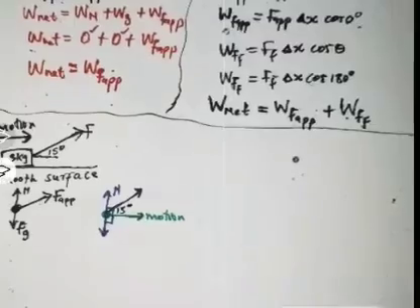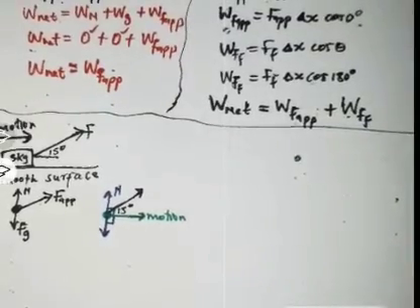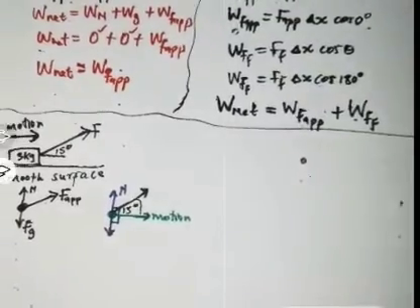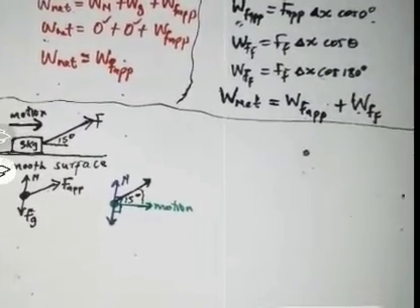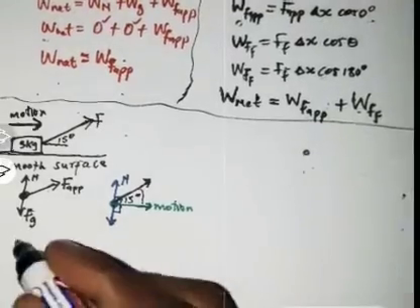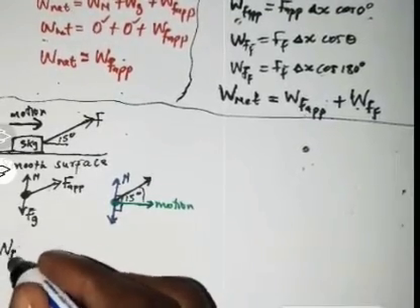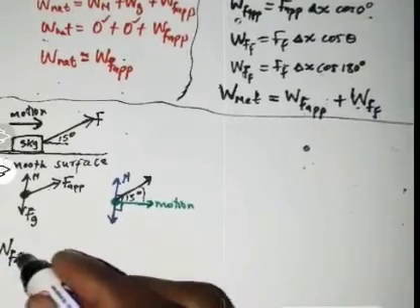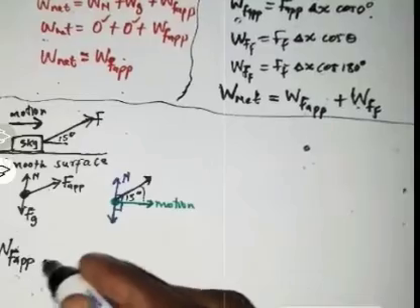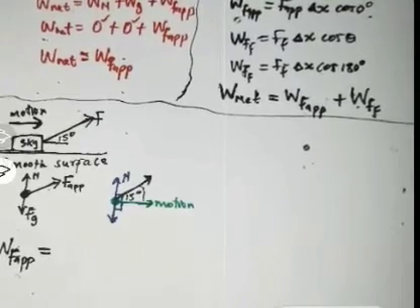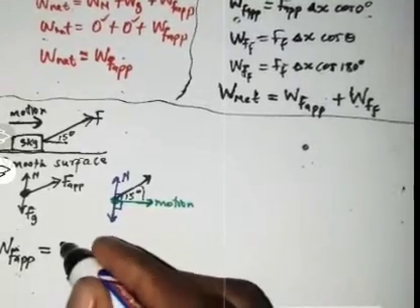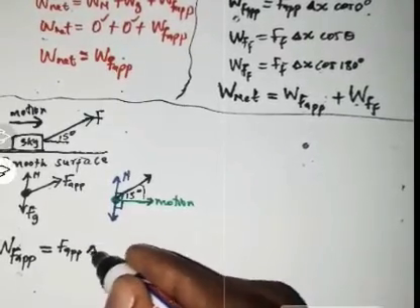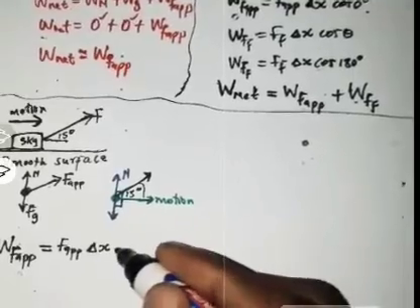Right, now let's do our formula for work done by applied force. So we'll say the work done by force applied equals the force applied, times delta x, then the cos of theta.